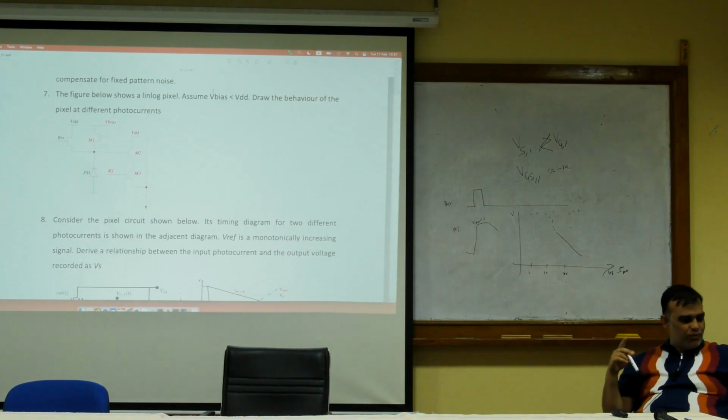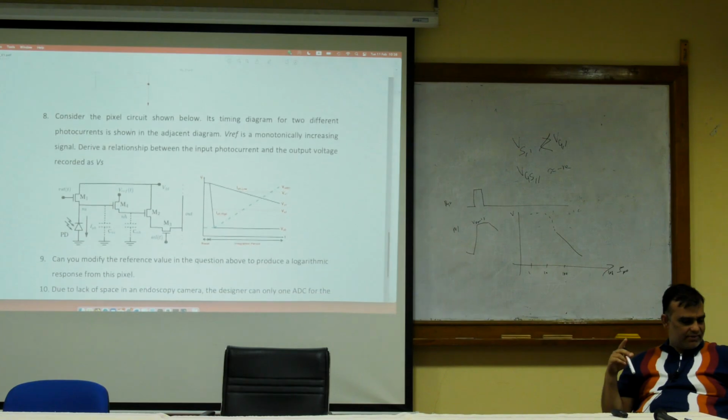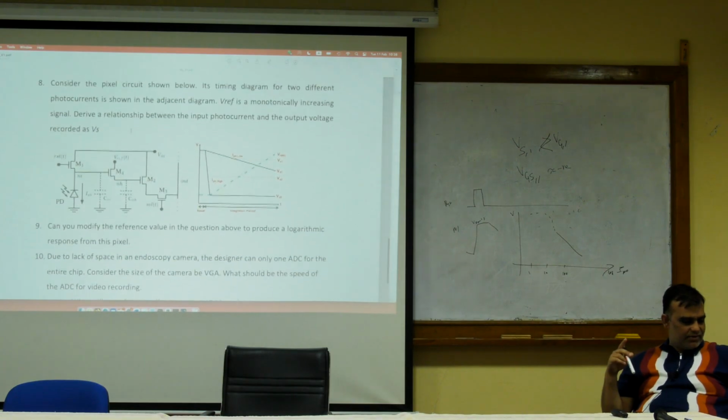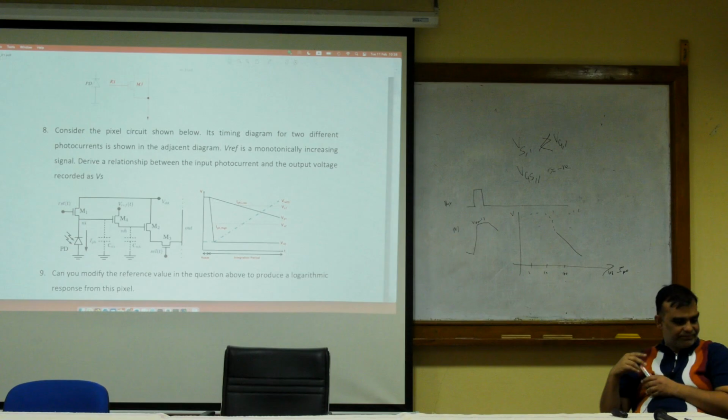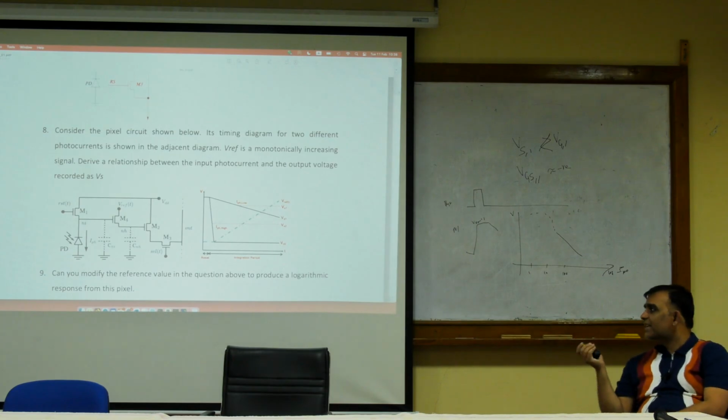Okay, let's do one more question from our pixel diagram. The other pixel which I discussed the other day was this pixel. So this was another patented pixel of ours, which basically has a comparator inside each pixel.